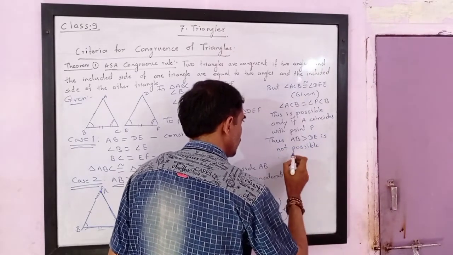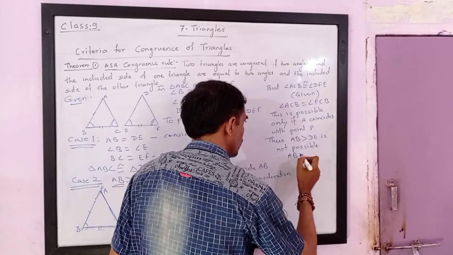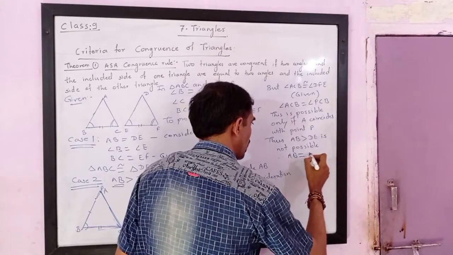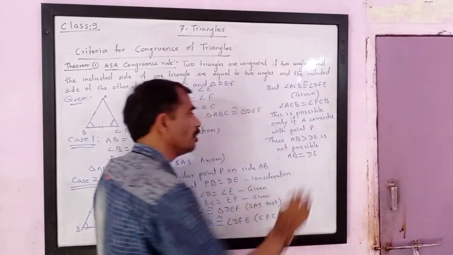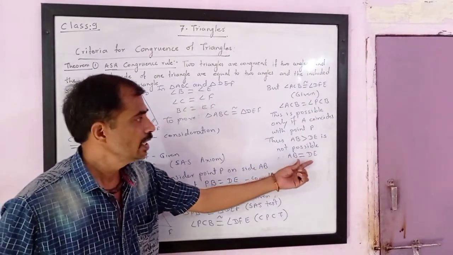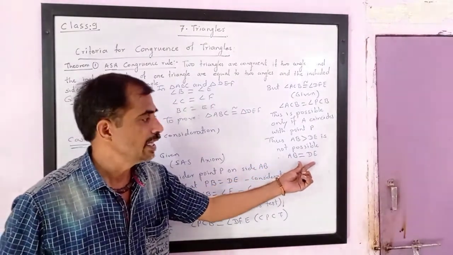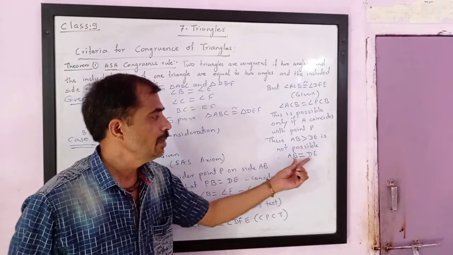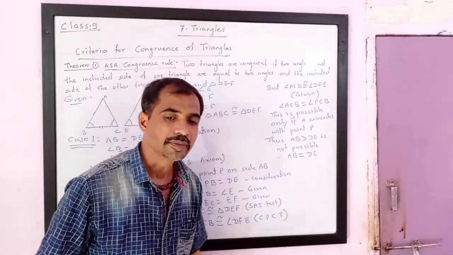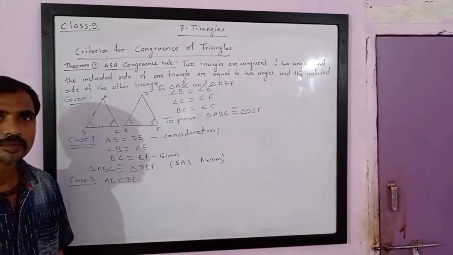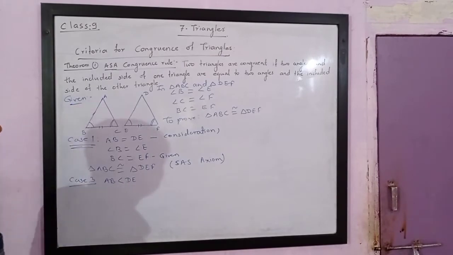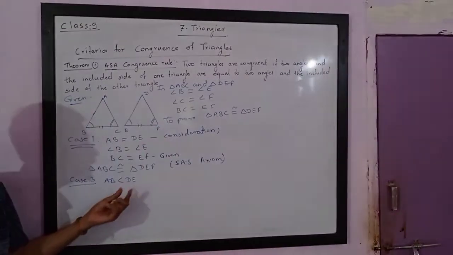Therefore AB will be equal to DE or it will be less than DE. For the third case we will take AB less than DE. Dear friends, we have the third case, AB is less than DE.